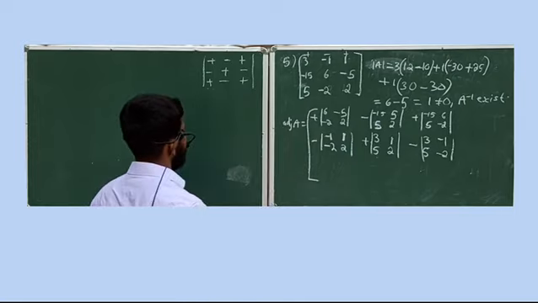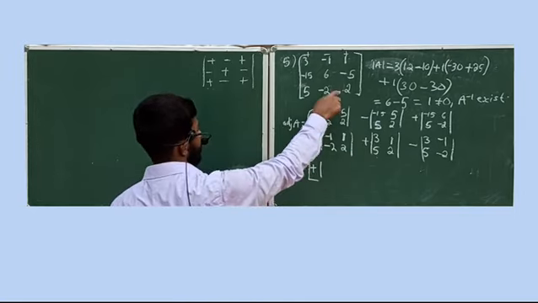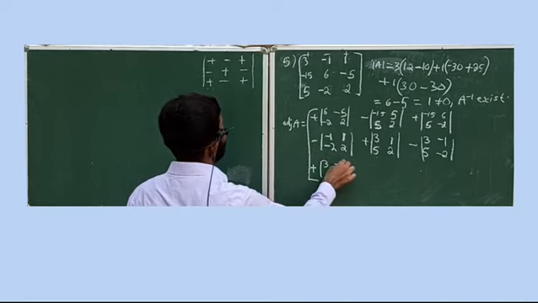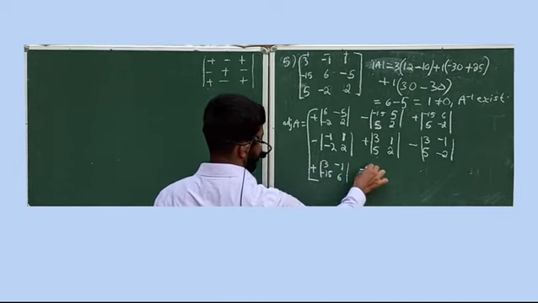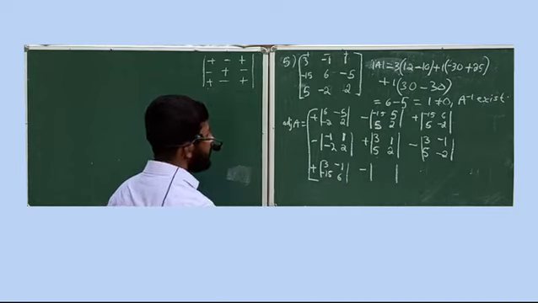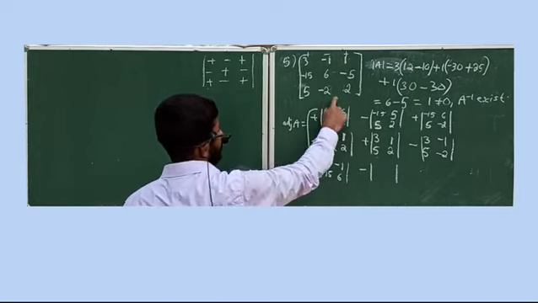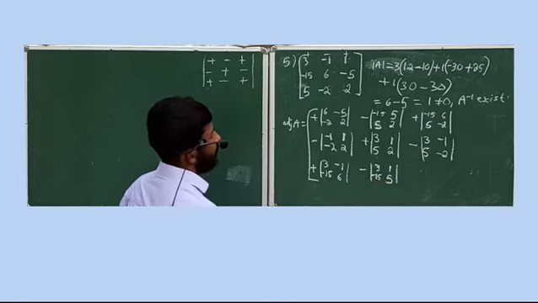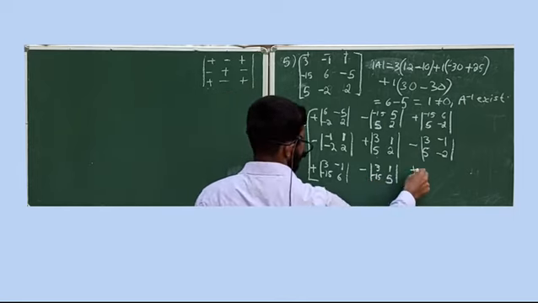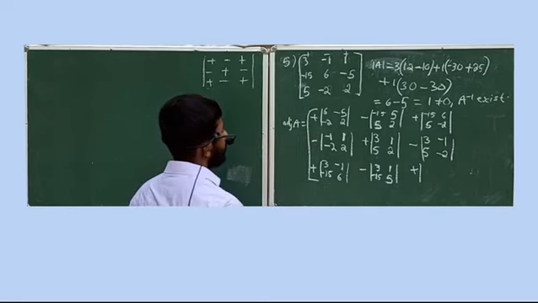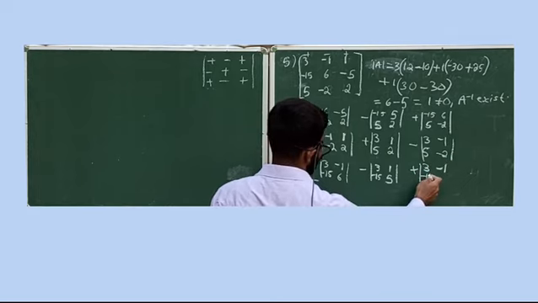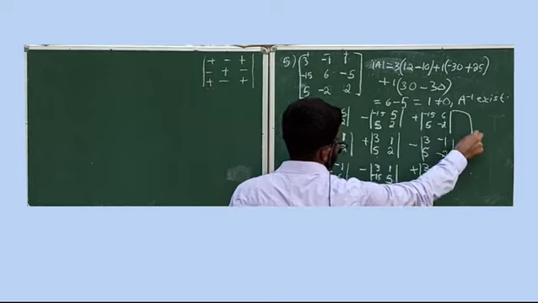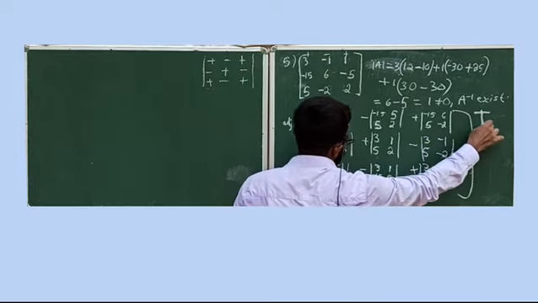Now third row entries, plus determinant, delete the row and column, 3 minus 1 minus 15 6, then minus determinant, third row and second column you need to delete, 3 1 minus 15 5, then plus determinant, third row and the third column you need to delete, so you'll get 3 minus 1 minus 15 6. You need to take the transpose of these values.